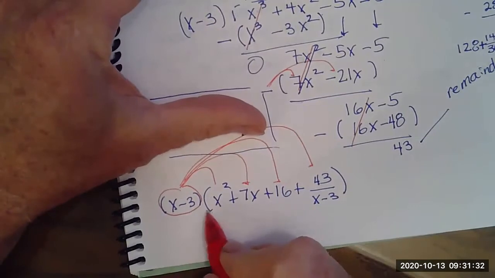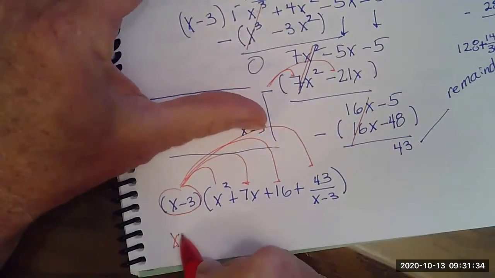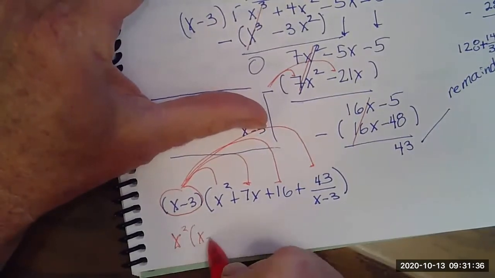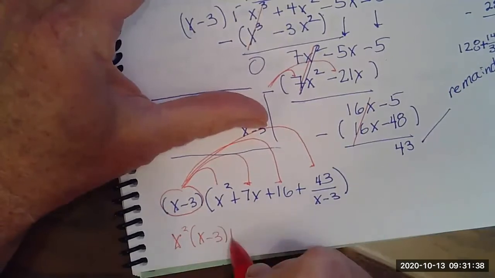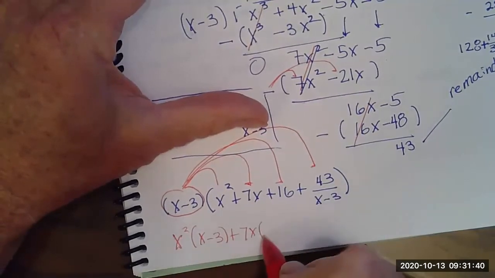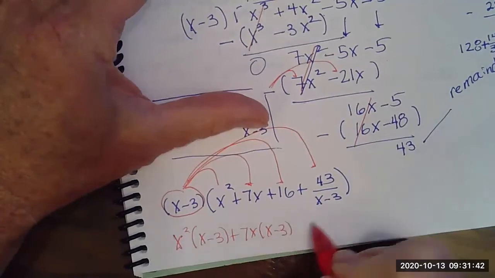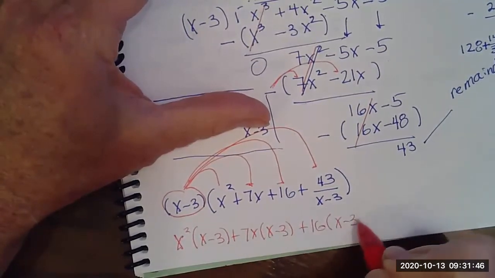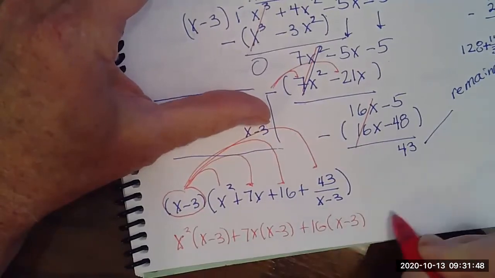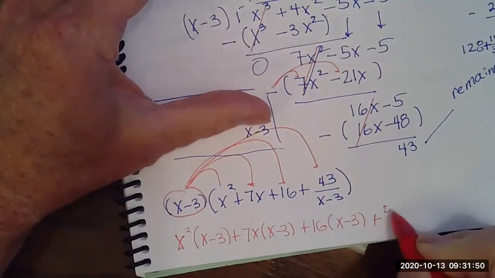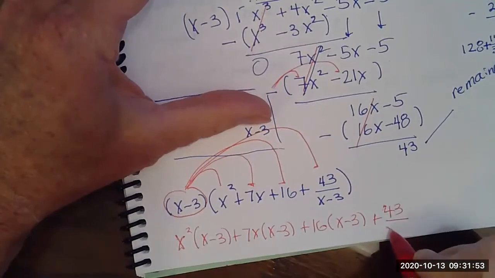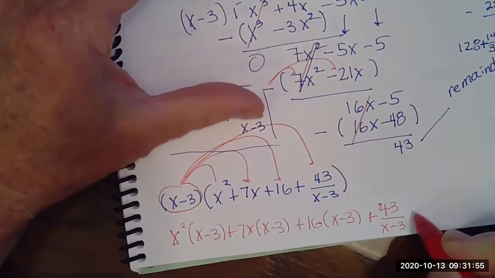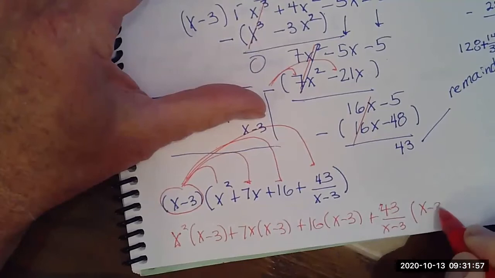If I took x squared, x minus 3, and I took plus 7x times x minus 3, and 16 times x minus 3, and then plus 43 over x minus 3 times x minus 3.